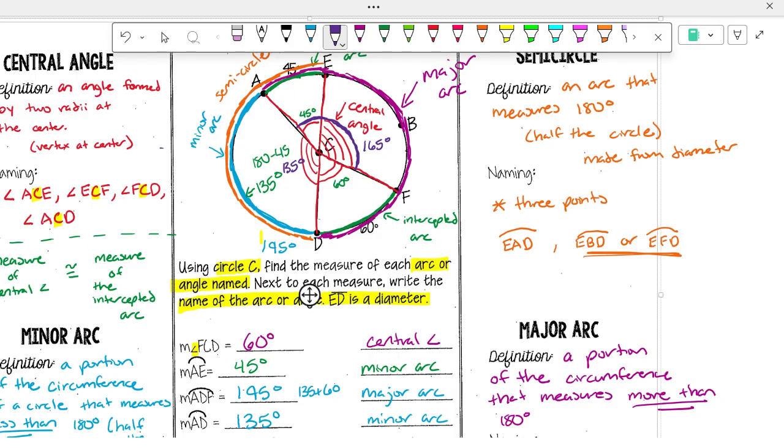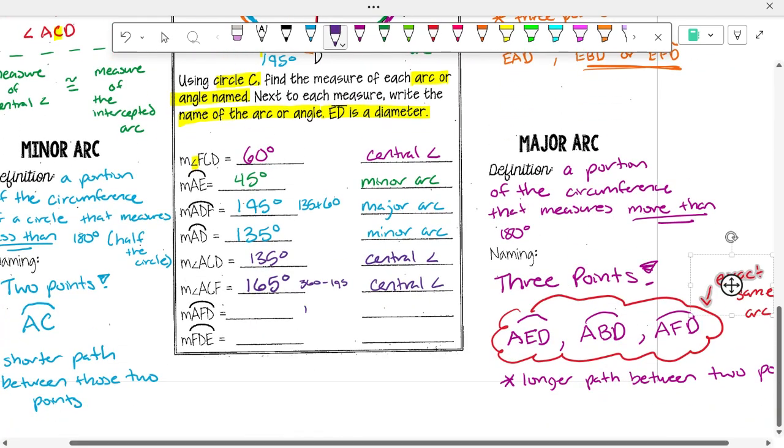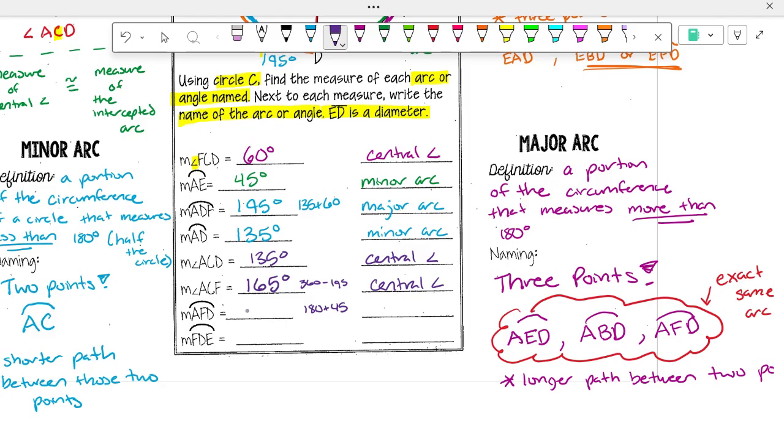Boys, stop talking. We know that it's part of a semicircle plus that 45-degree arc right here. So we had to add 180 and 45. That would give us 225. Is that going to be a major or minor arc? Major.